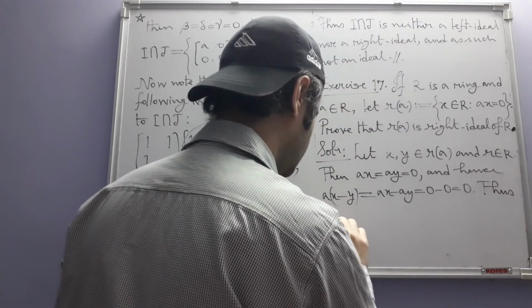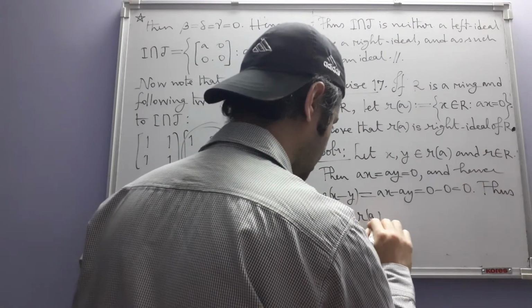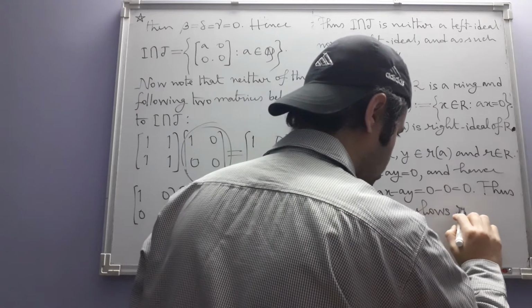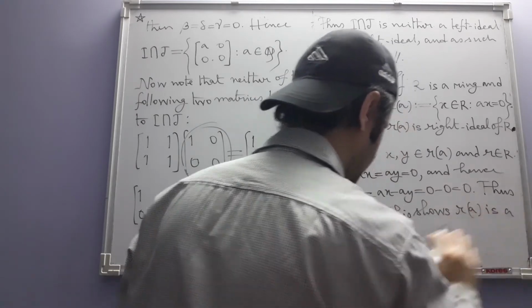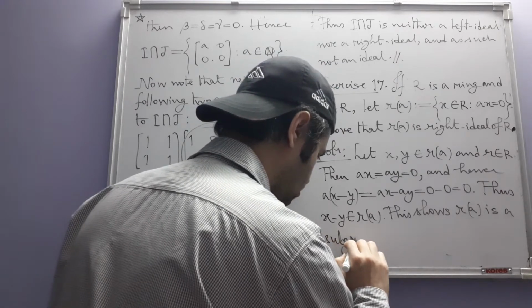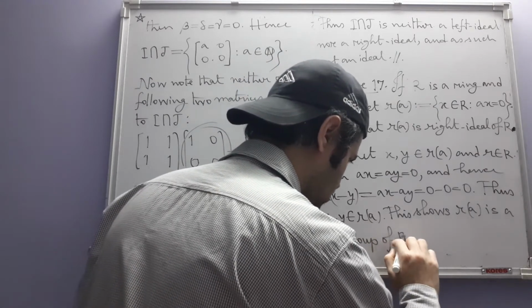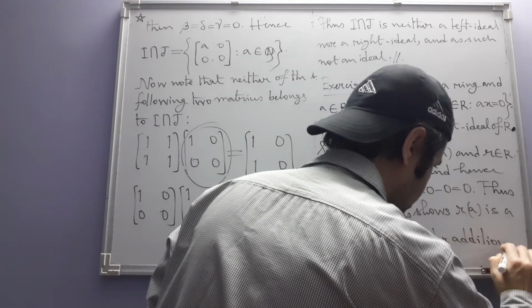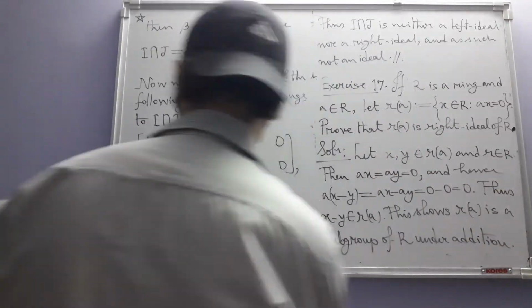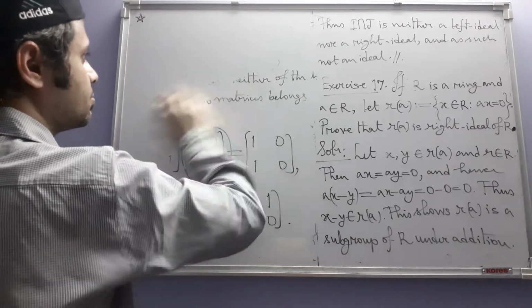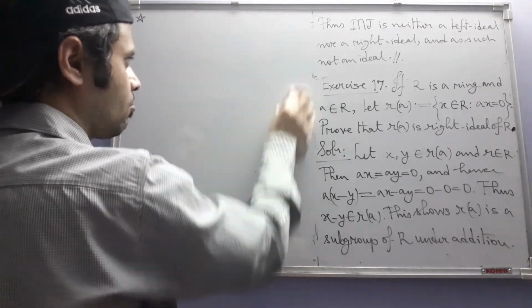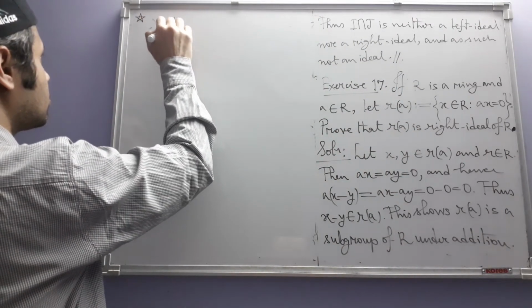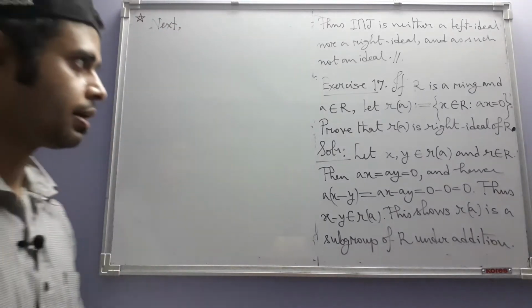Thus X minus Y belongs to RA. This shows RA is a subgroup of R under addition. Next, now we have to show that RA is a right ideal.